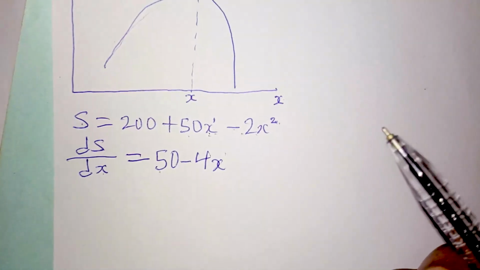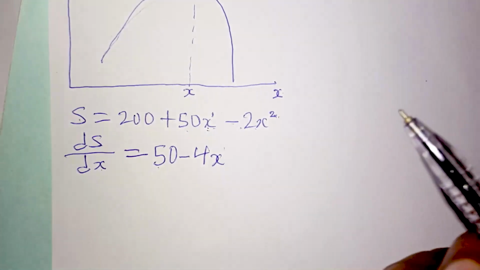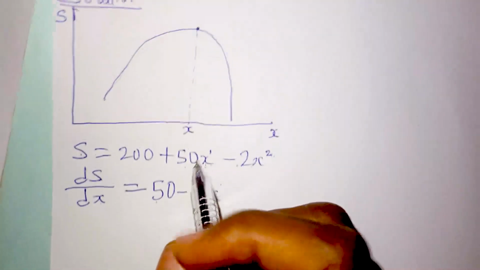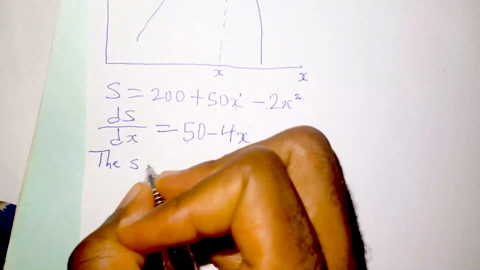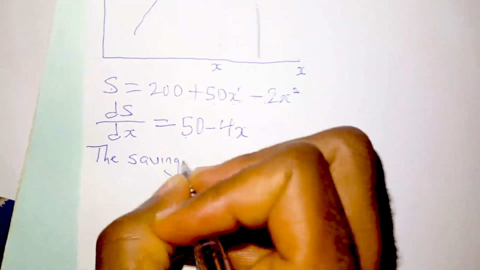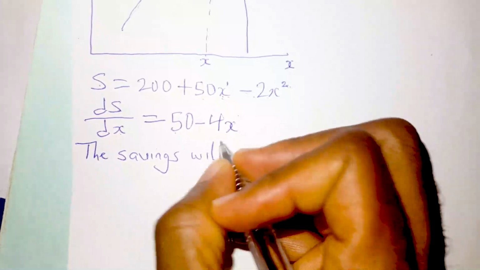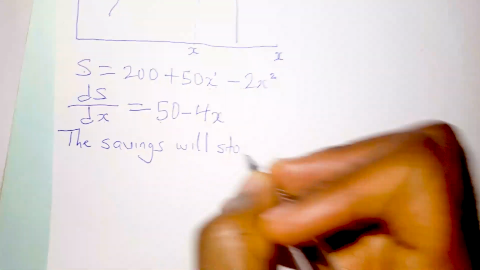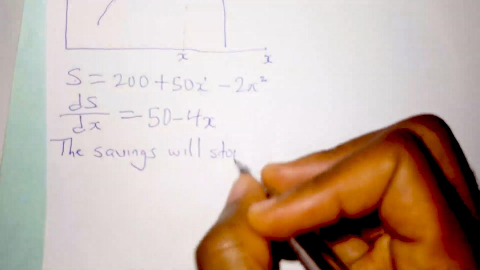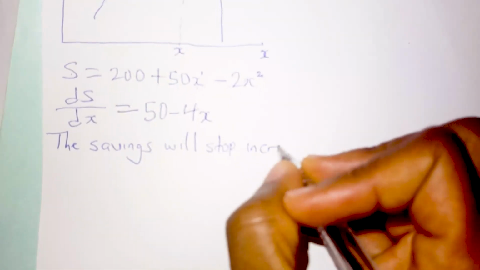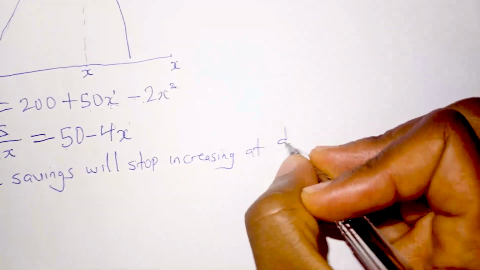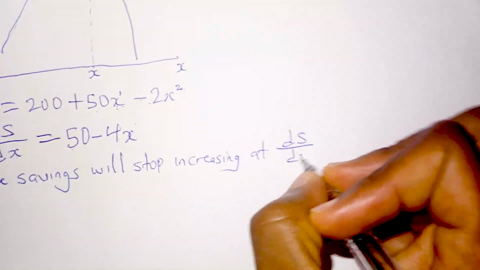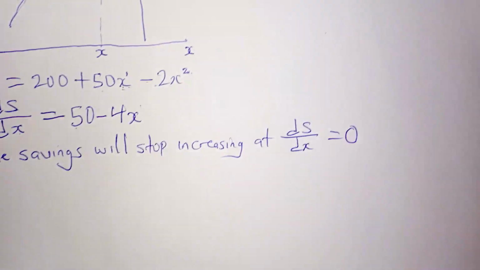Then I said the points where the savings will stop increasing will be the point at which dS/dx equals 0.